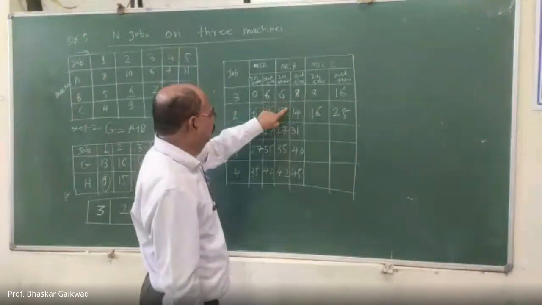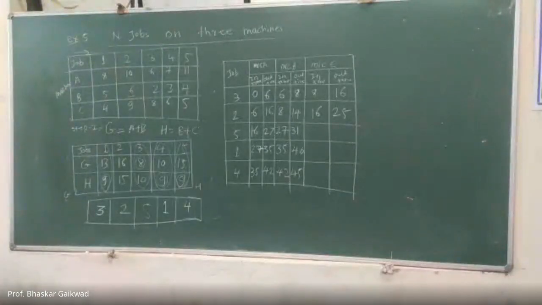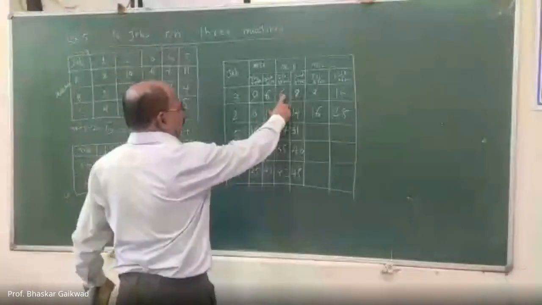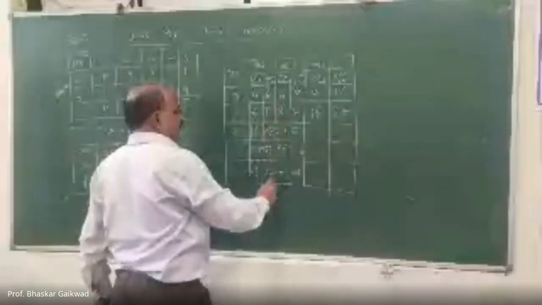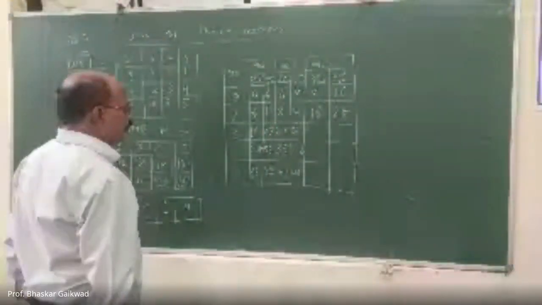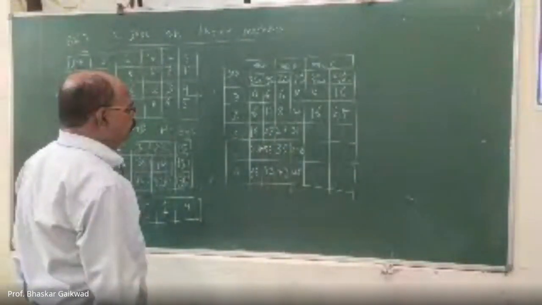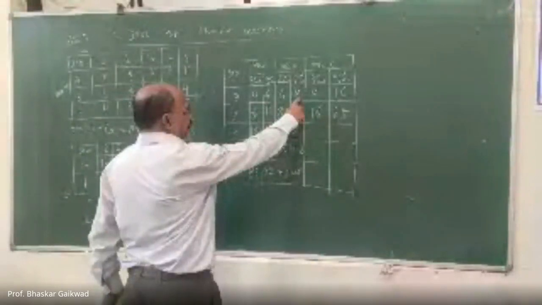We cannot do it like this. Am I correct? Okay. So 6 plus 8. Is that correct? So here it is less than here. If it is the maximum, which is the maximum, 16 or 8? Shall I write 16 here?